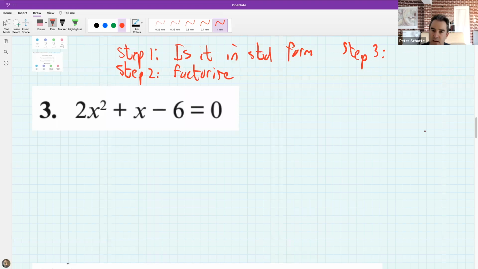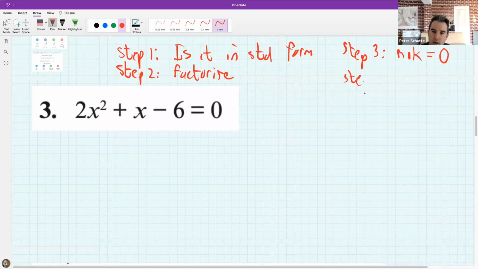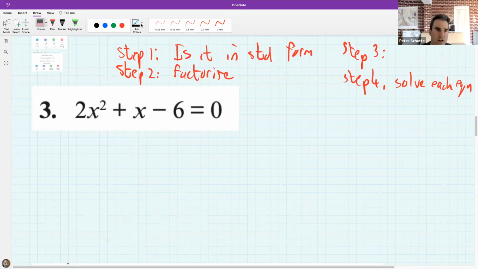Step 3, make equal 0. Step 4, solve each equation. Okay, so go ahead, try and do this by yourself, and then I will come along and assist you in a bit. And if anybody wants to ask a question, then raise your hand and we can have a chat.